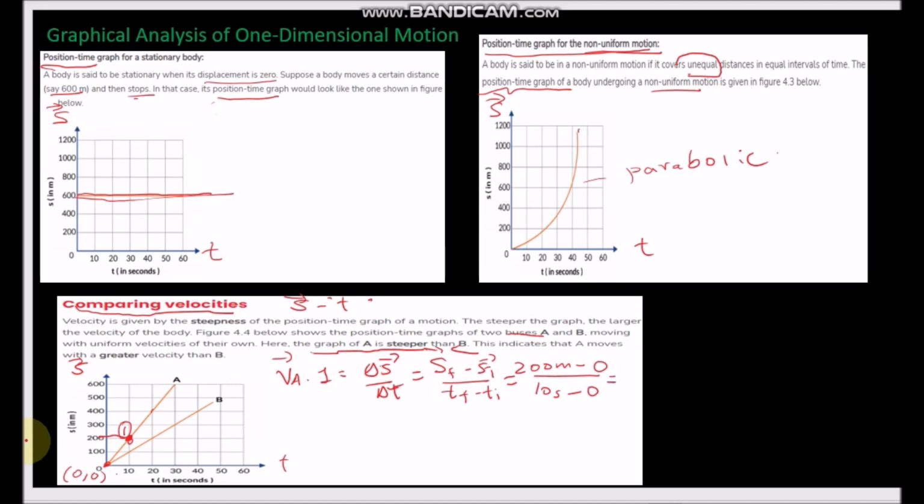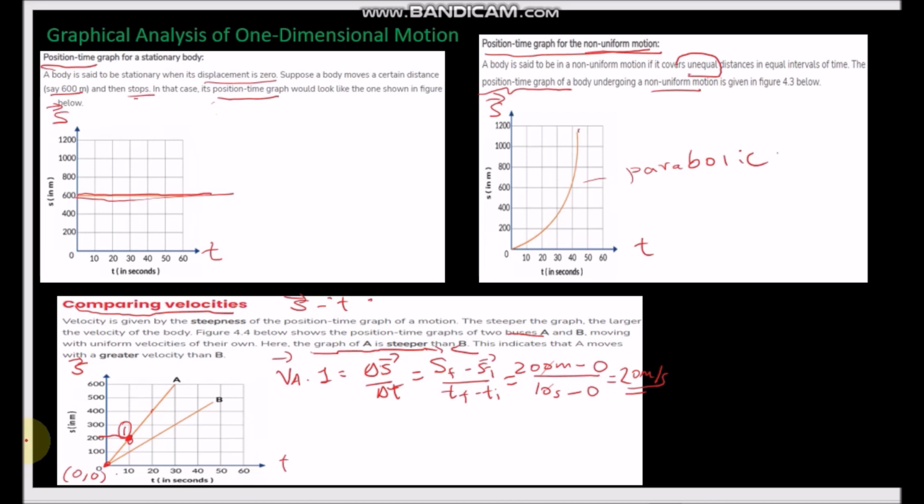That is equal to 200 divided by 10, which leaves 20 meters per second. The velocity of bus A is 20 meters per second.